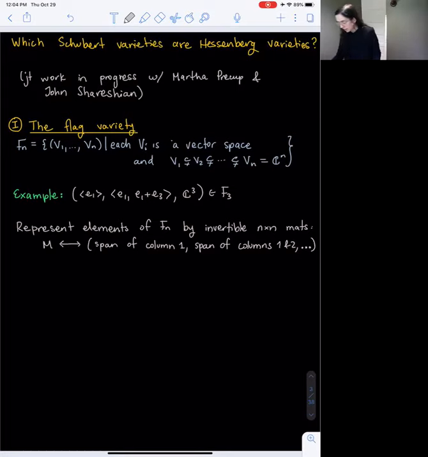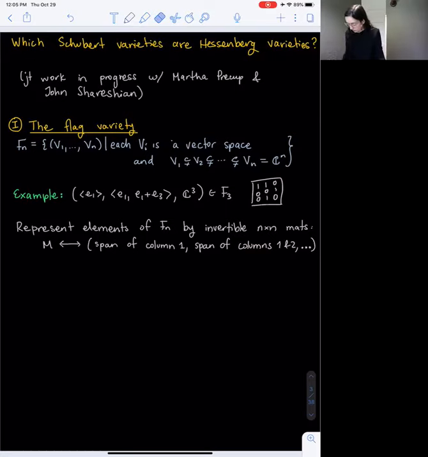Given a matrix M, it gives rise to the following flag: you take the span of the first column, then the span of the first and second columns, and so on. With that in mind, if we looked at our example, the matrix we would have here would be 1, 0, 0, 1, 0, 1, and then here it can be anything. So maybe I'll make it 0, 1, 0. So this is one way in which you can represent the elements of your flag manifold by invertible n by n matrices.